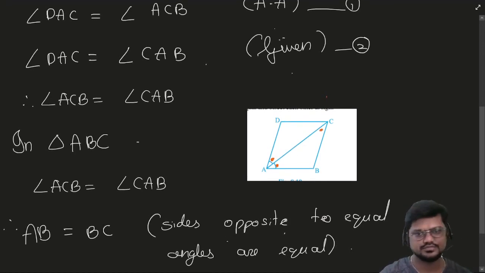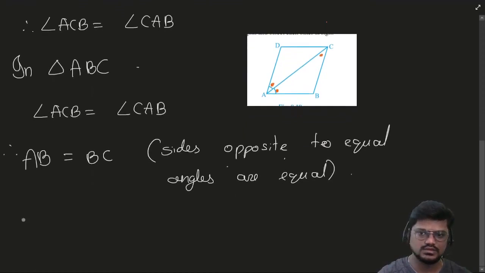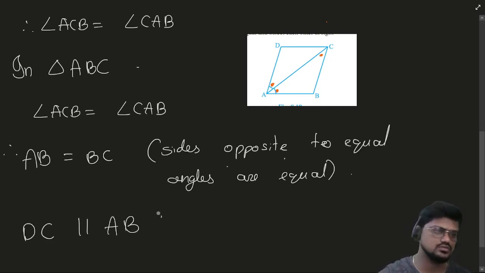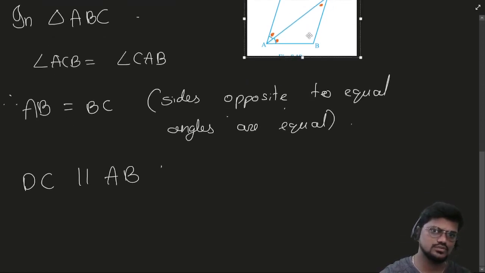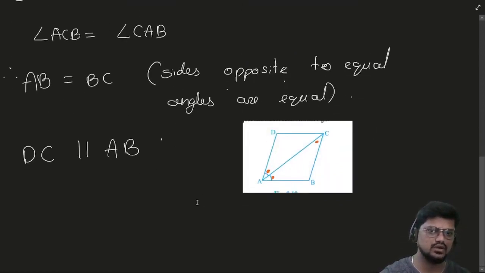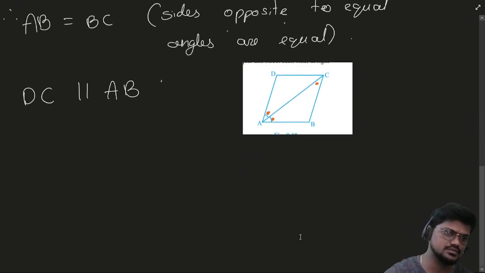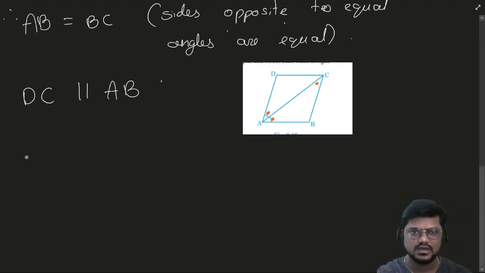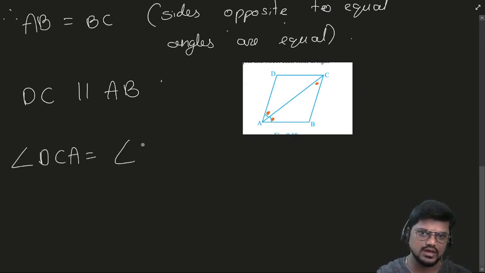Also, DC is parallel to AB. We already know that, since ABCD is a parallelogram. So can I say DC is parallel to AB? Yes. So if DC is parallel to AB, then angle DCA will be equal to angle CAB.